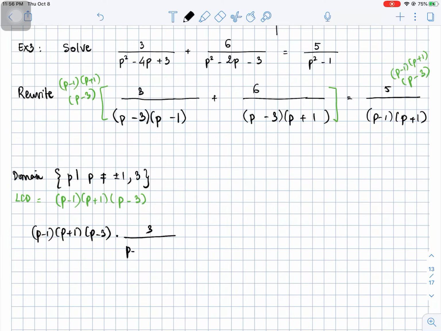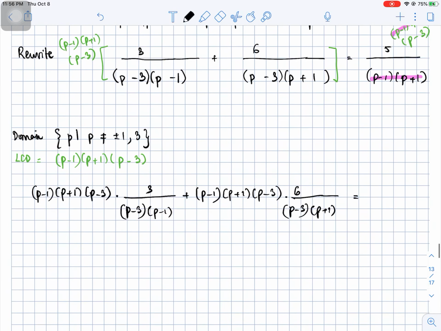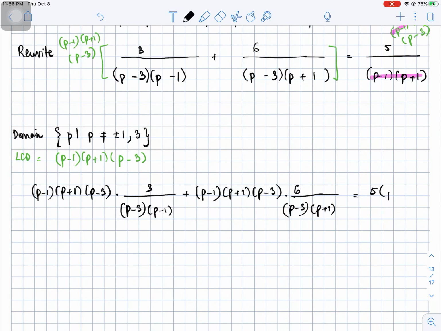We will distribute the LCD for the left-hand side. Then we will get p minus 1, p plus 1, p minus 3 times 3 over p minus 3, p minus 1, plus the LCD distributed, so p minus 1, p plus 1, p minus 3 times 6 over p minus 3 and p plus 1.